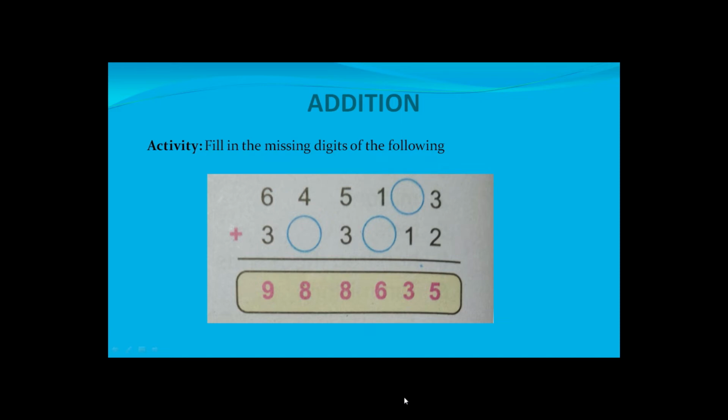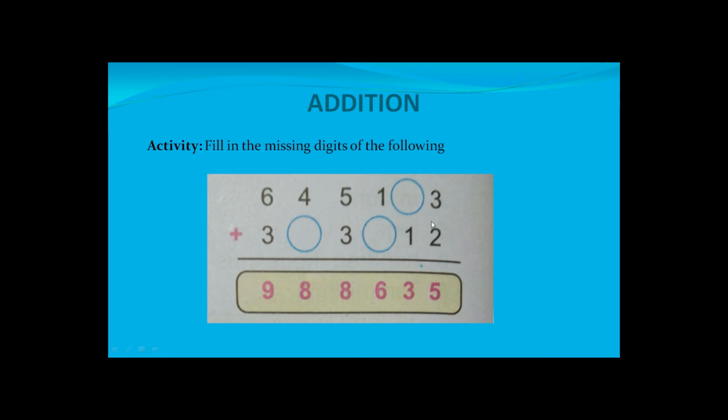Okay my dear students, here is an activity for you which I have taken from your book. You can see over here, these are 2 values which are added. The answer is given, but there are 3 circles. You can see these are blank circles.